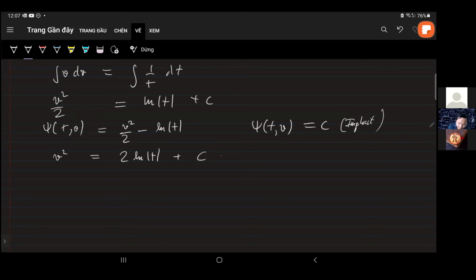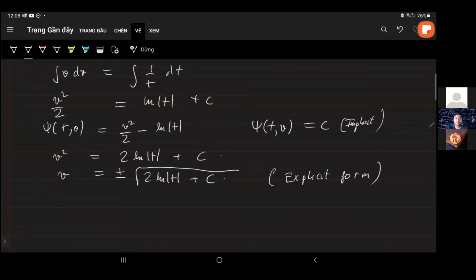Then you are able to let v equal plus or minus the square root of 2 log of the absolute value of t plus C. Now, to find whether it's the plus or minus sign, you need to know the initial condition, that means you have to find v0. If you know v0, then you know the explicit form of the solution.